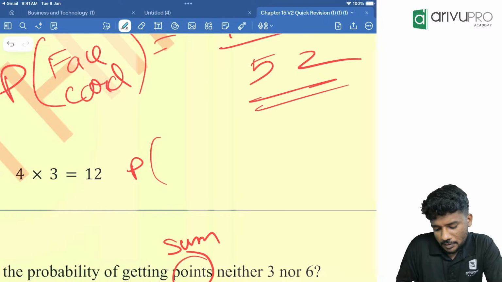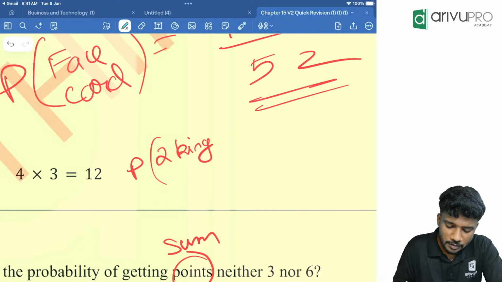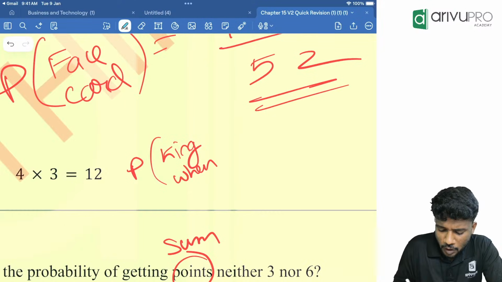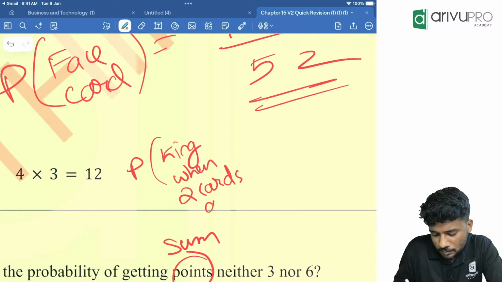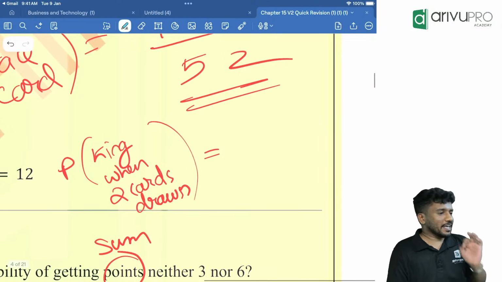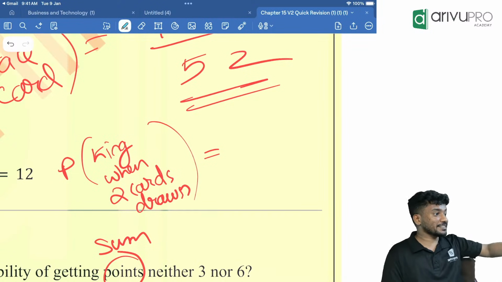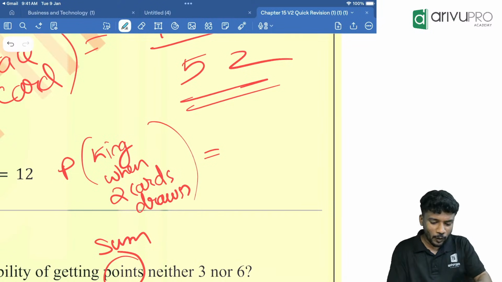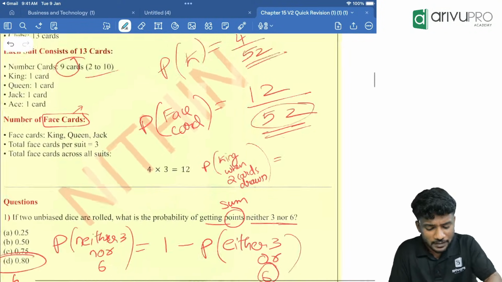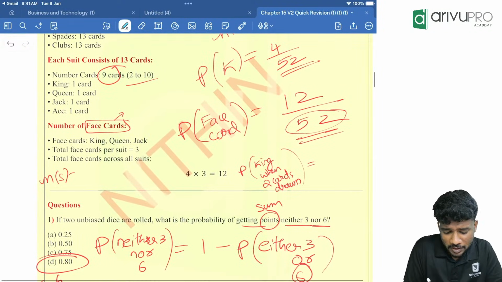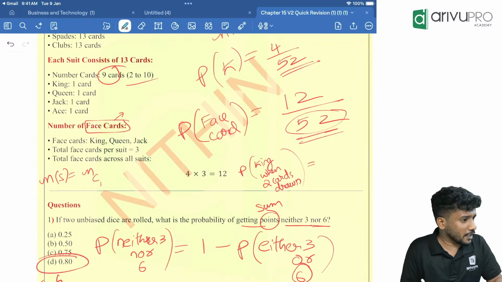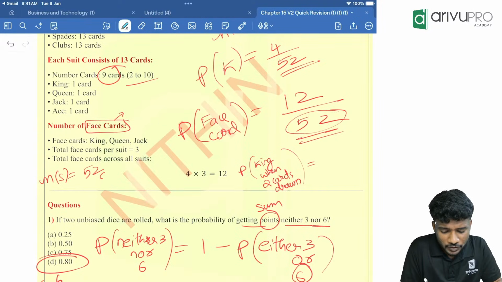Now my important question: probability of getting a king when 2 cards are drawn. Very important. Till now we were solving questions where 1 card is drawn. When 1 card is drawn, N of S will be the combination formula, 52C1.